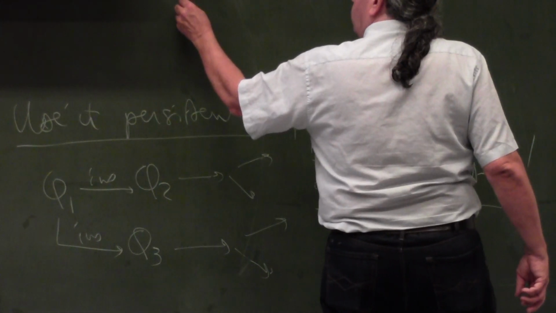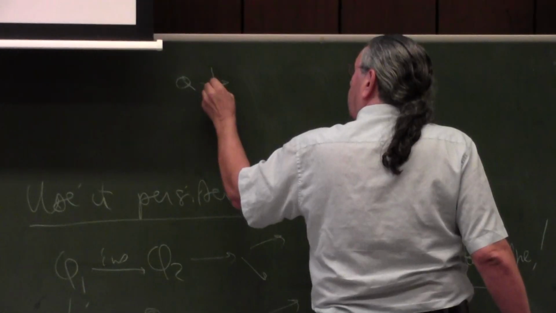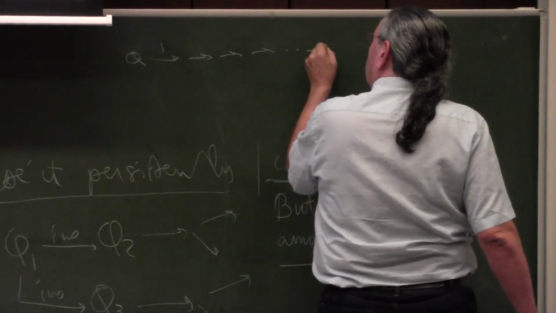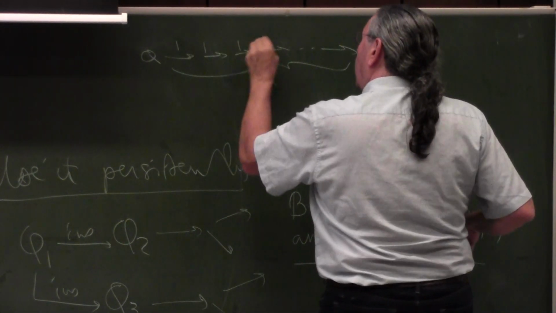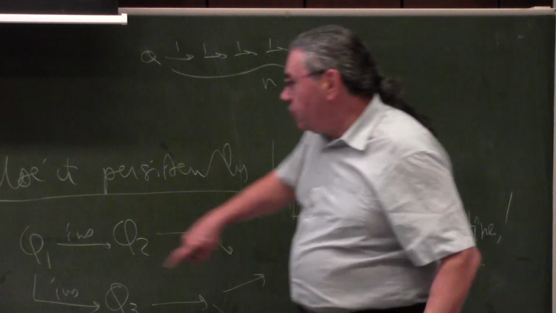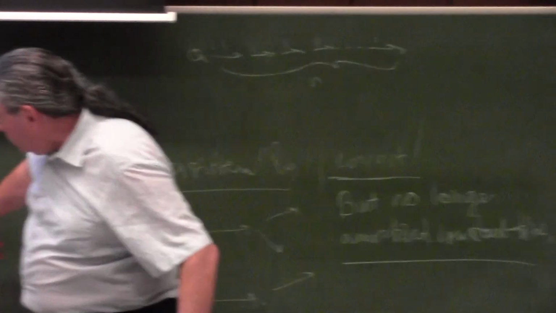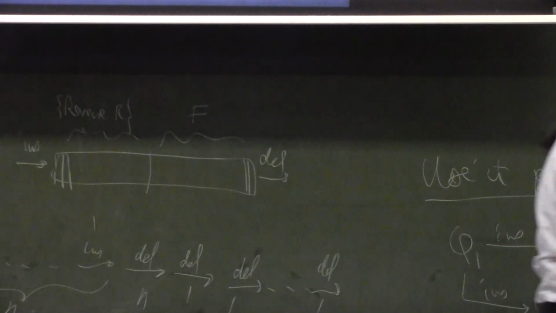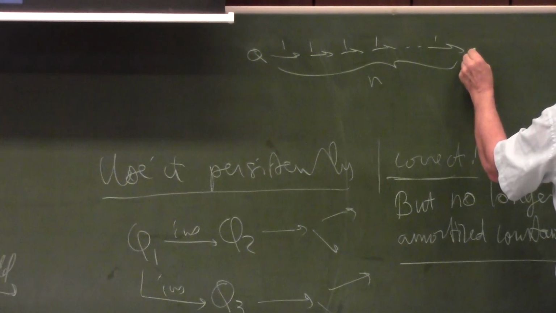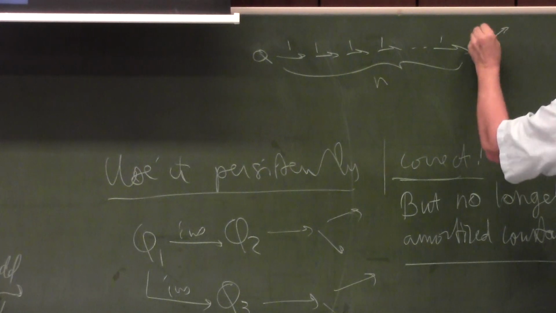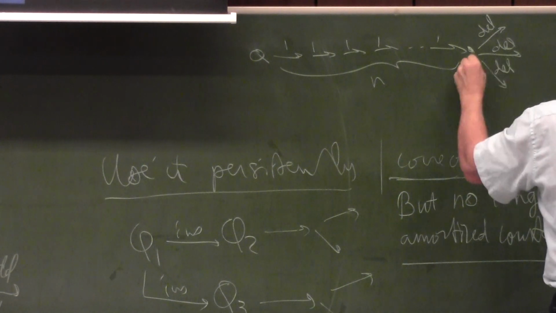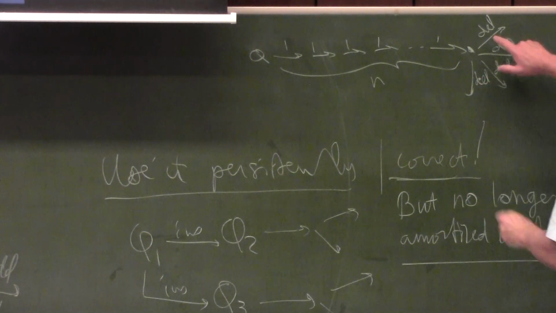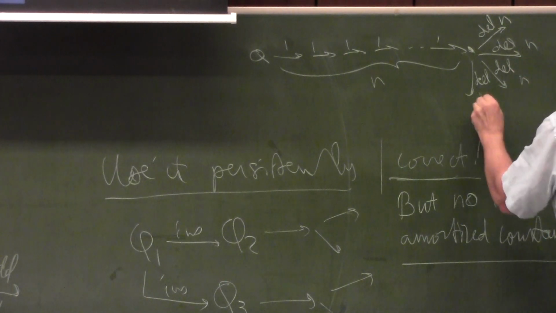Well, let's say here's an example. Here I have my Q. I do n inserts. Those are all constant time. And now I do deletes, and only the first one is going to be expensive, because you only do the reverse once. Now, what happens if I use it persistently? Let's say I do a delete here, and I do another delete, starting from this one. Well, this delete will be order n, n, n, n.